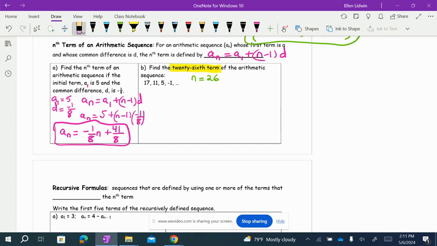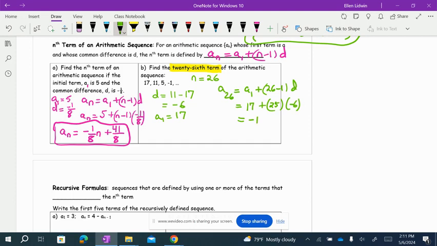To get the common difference, we're going to take the second term minus the first term, and we get negative 6. So that means within each term of this sequence, we're going to be subtracting 6. Our first term is 17. So we say, a sub 26 equals a sub 1 plus 26 minus 1 times d. So a sub 1 is 17 plus 25 times the negative 6, and we get a value of negative 133 for a sub 26.